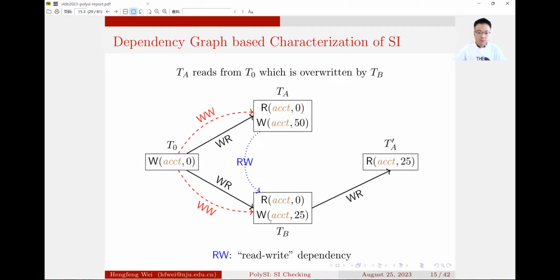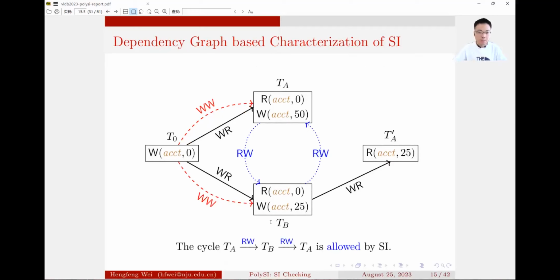We call this dependency the read-write dependency. Similarly, TB is before TA in terms of RW. Then, the dependency graph contains a cycle, but this cycle is allowed by snapshot isolation because it contains 2 adjacent RW edges. Now, we still don't know the WW dependency between TA and TB.